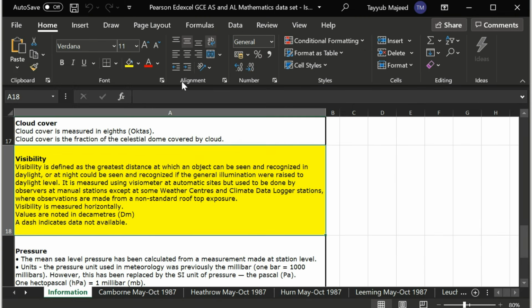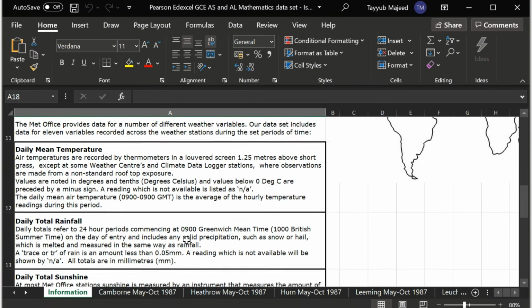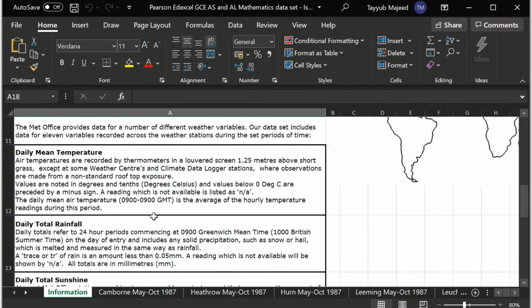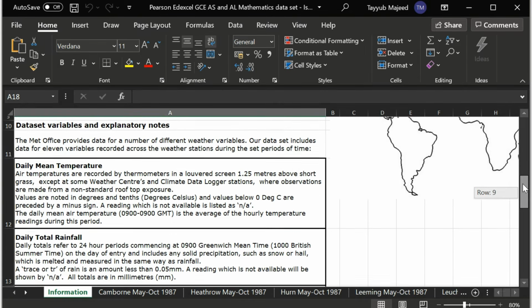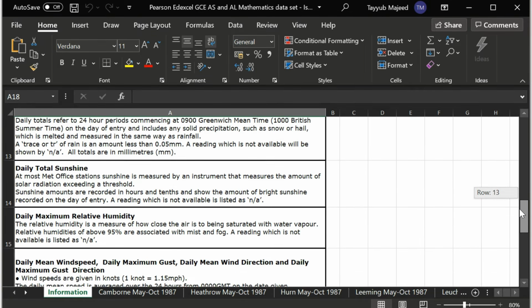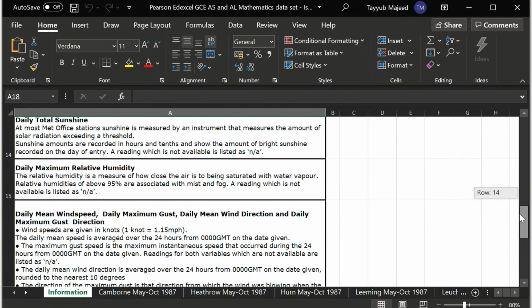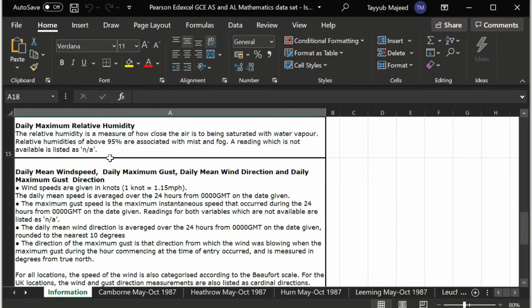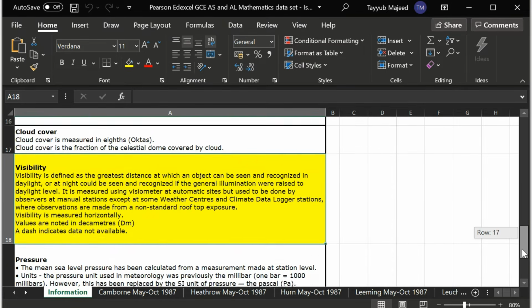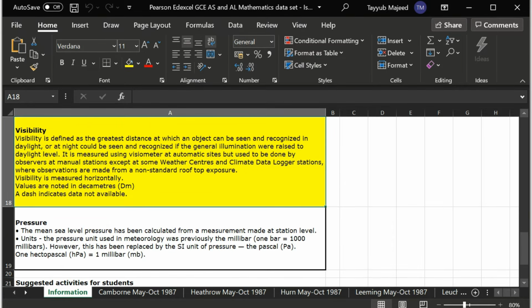And if we take our large data set, we've got various different statistics which are measured. So let's just read through them. We've got the daily mean temperature, the rainfall, the total sunshine, the relative humidity, and we've got other statistics shown here. And we've got the visibility and we've got the pressure.